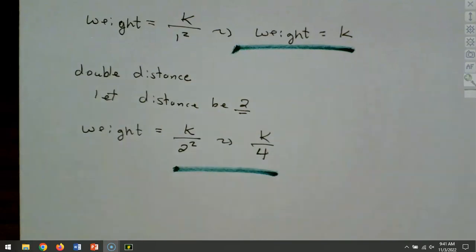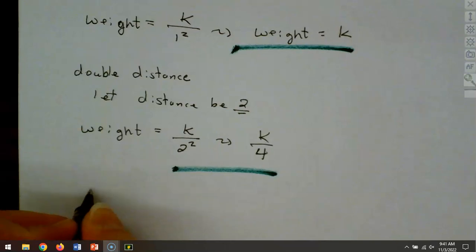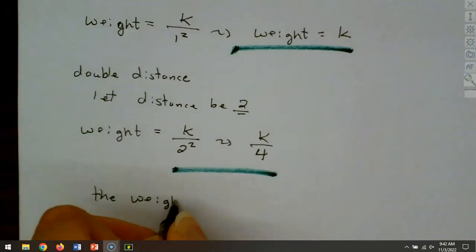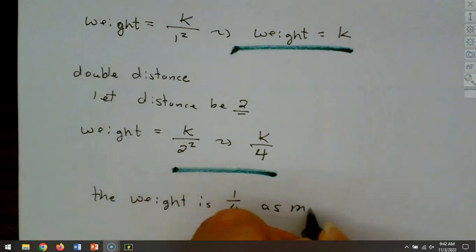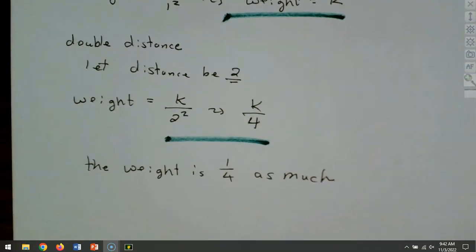So what happened to your weight? Your weight is a fourth as much. Because it changed by a factor of 1 over 4. So the weight is going to be 1/4 as much.